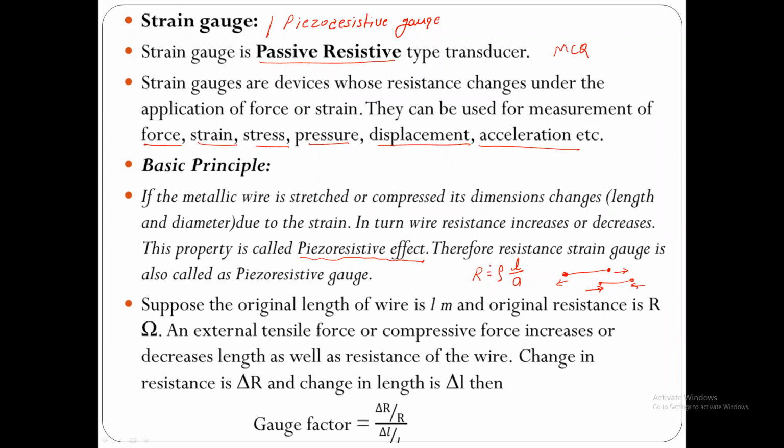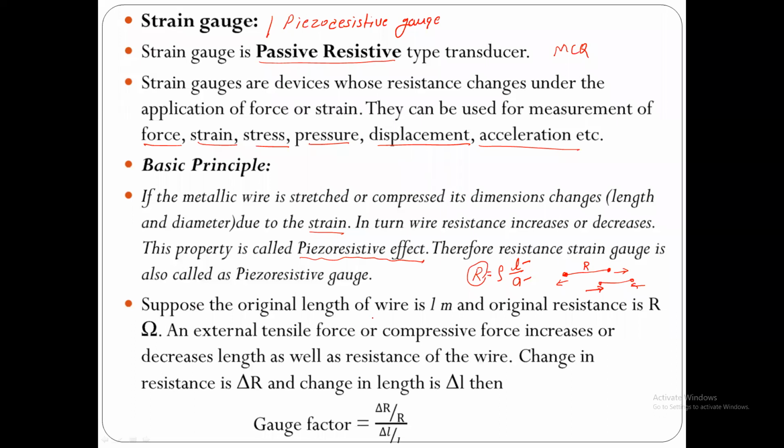And in turn, as the length and area of cross section change, the resistance of that wire will change respectively. And this change in resistance is always in proportion with the applied force or applied pressure or applied strain here.